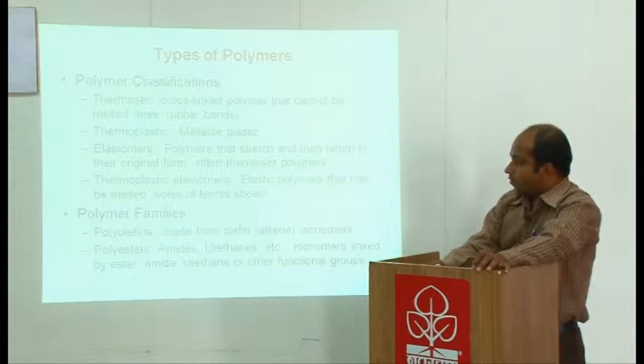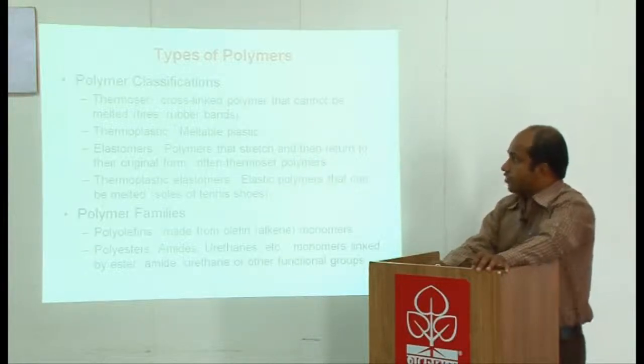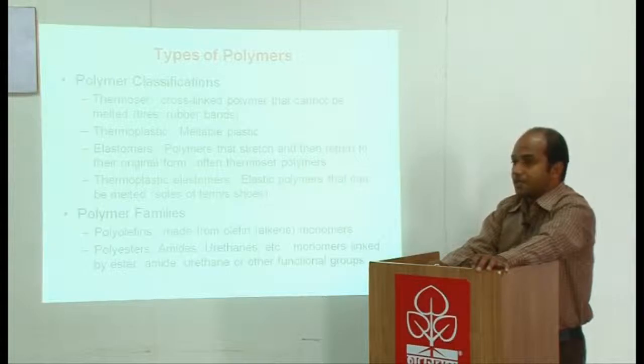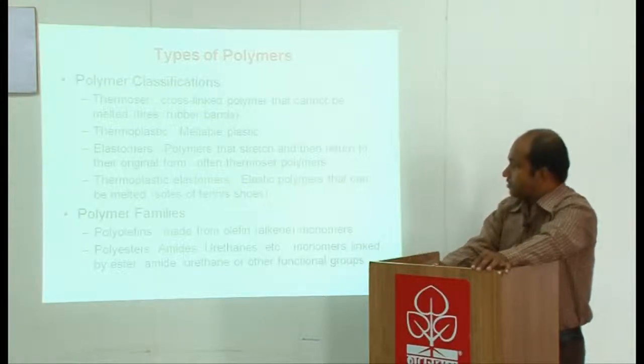Now, what is the other way of classifying a polymer? Polymers are also classified on the basis of the monomer or repeating unit from which they are made. For example, if you have an alkene or an olefin and connect these olefin monomers by covalent bonding, you have polyolefins.